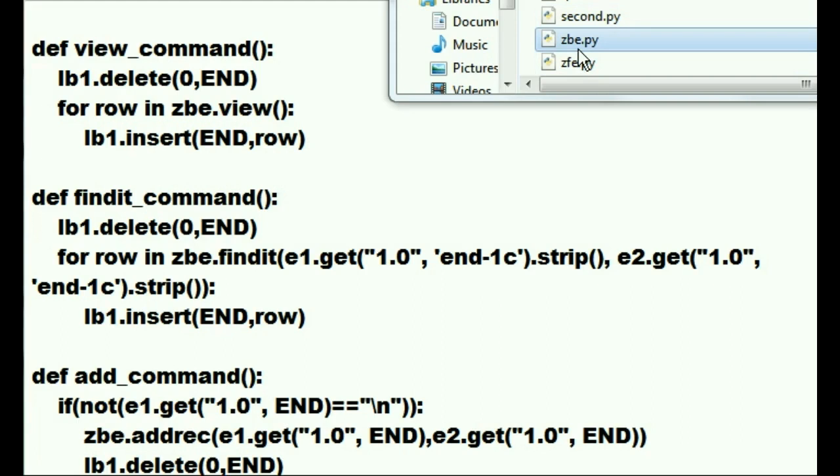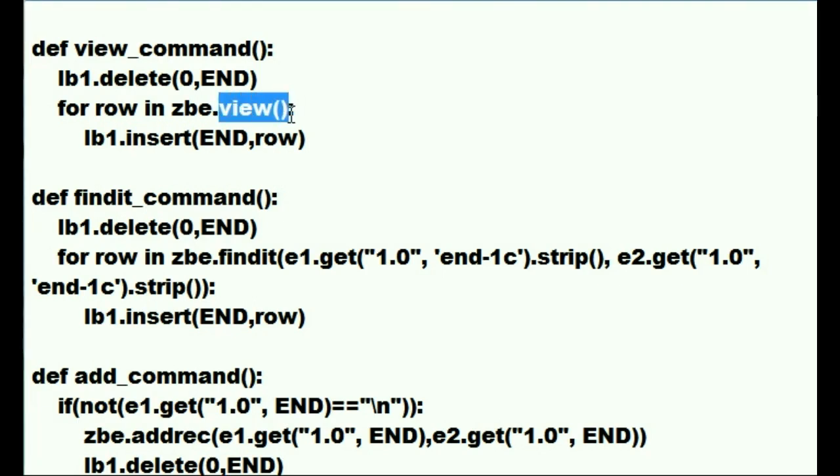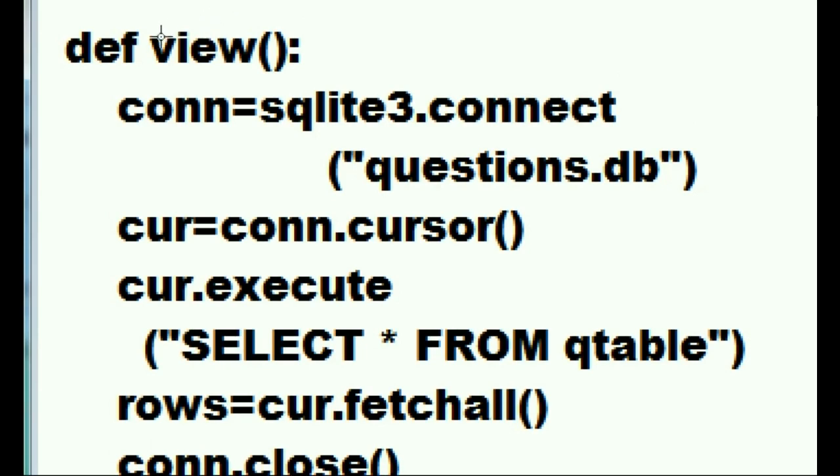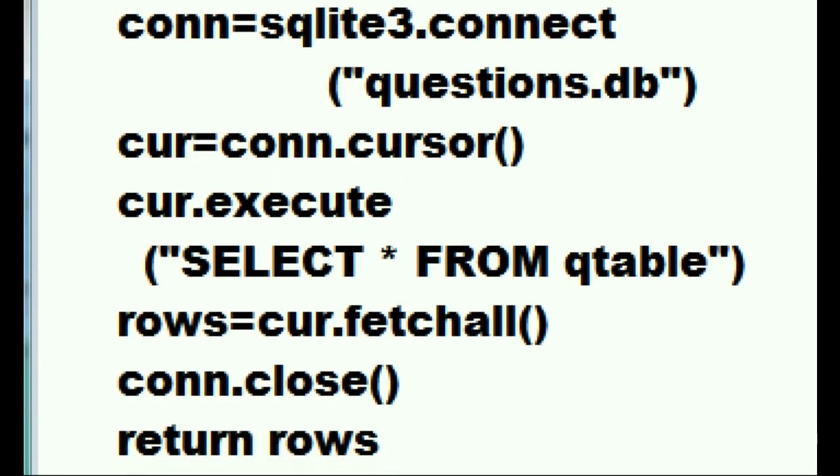What we have to do now is go to the zbe.py file and find that function called view and take a look at it. Let's go there now. So let me make this a bit larger now. And there's the definition of the view function within the ZBE file. Let's move this up so we can see it all.